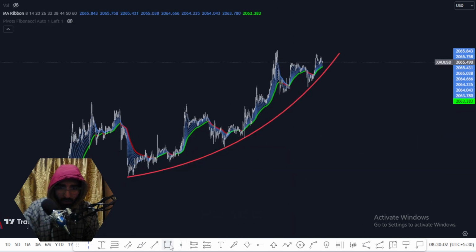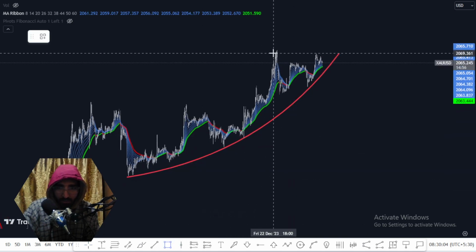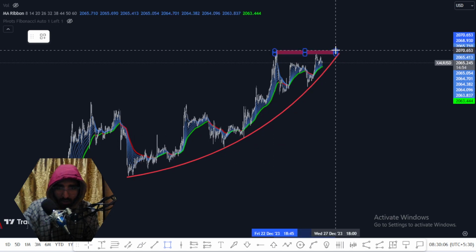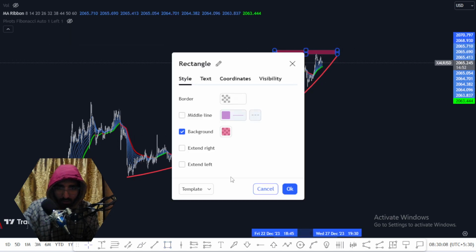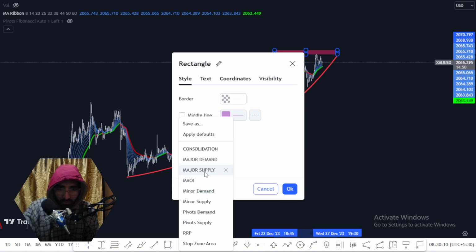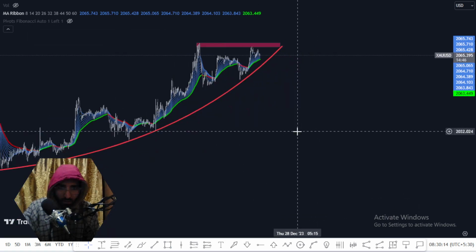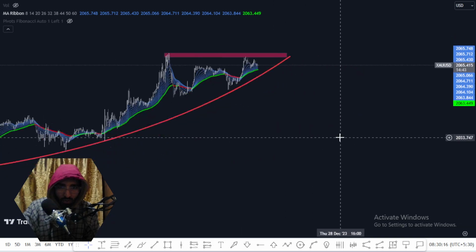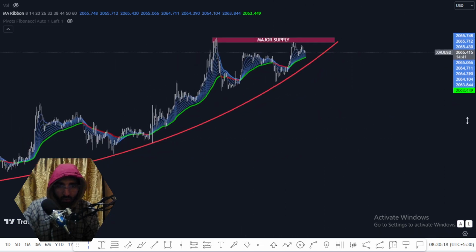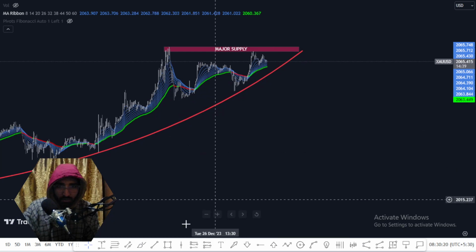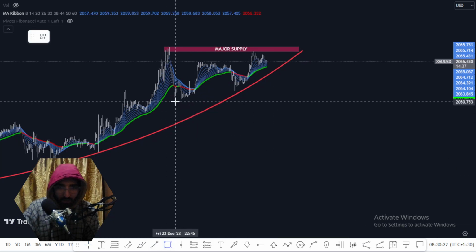We're having major supply here, the 50-minute time frame major supply. So how can we go for the trades? We're having the major demand here.